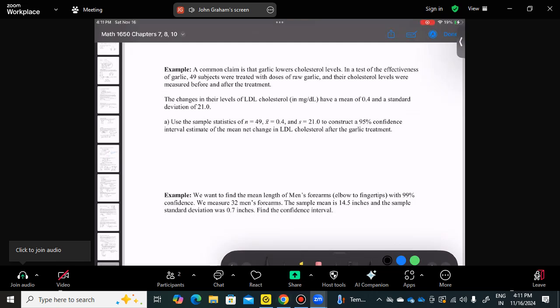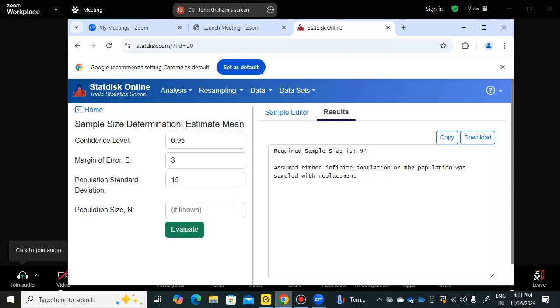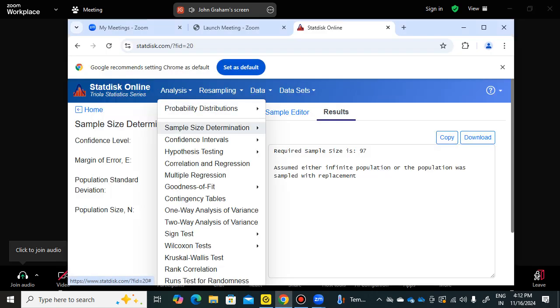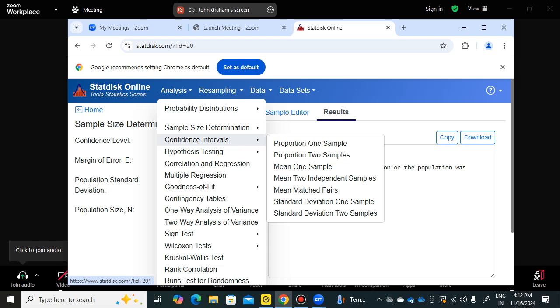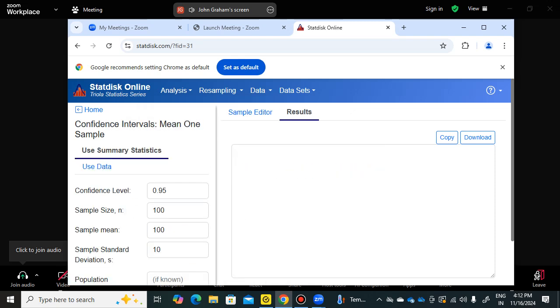Right, so we know n equals 49, x bar equals 0.4, standard deviation equals 21, and confidence level is 0.95. We're looking for the margin of error and then the confidence interval. So confidence interval, and we are dealing with the mean, so mean one sample.